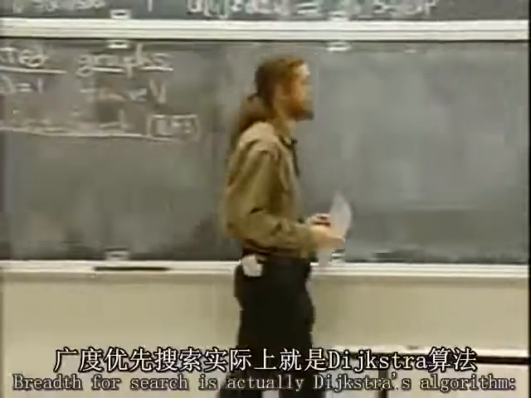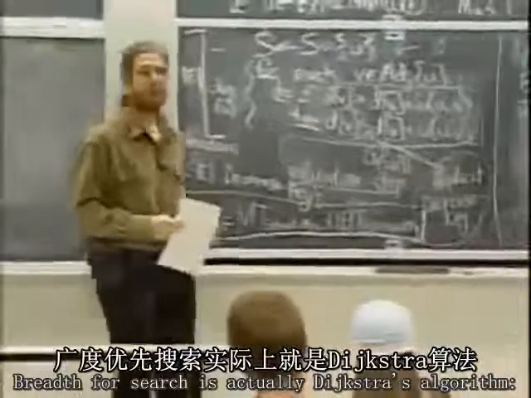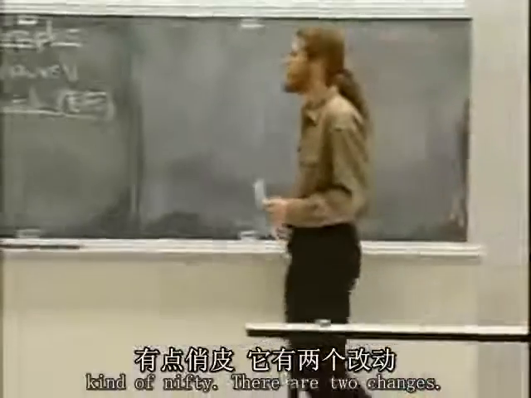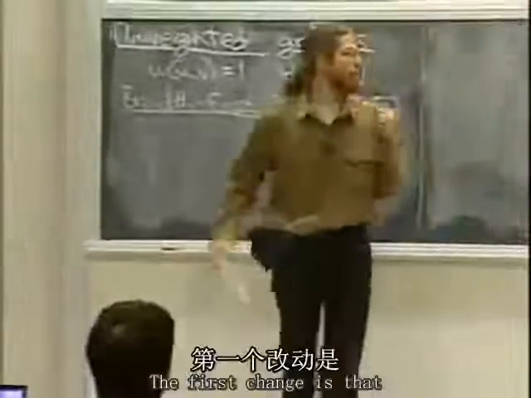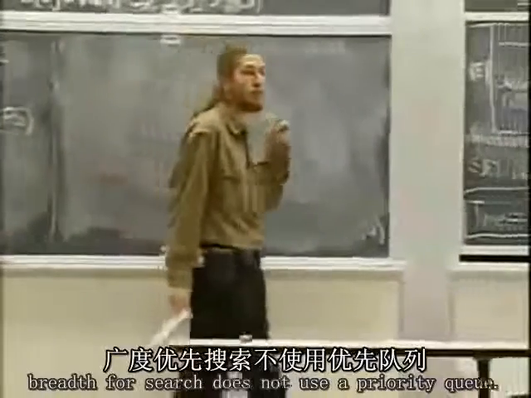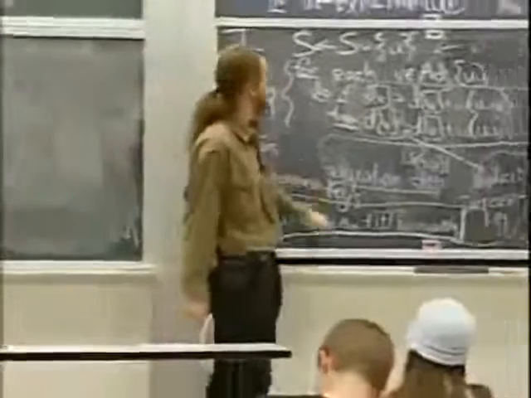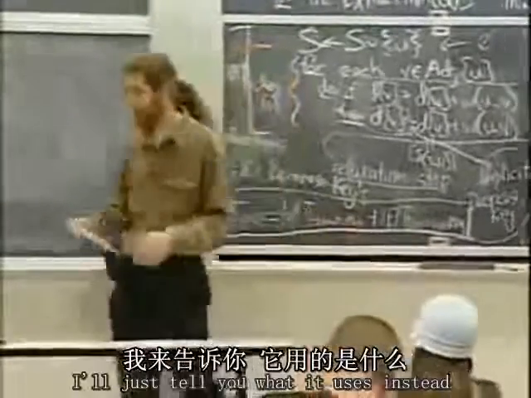Breadth first search is actually Dijkstra's algorithm. Kind of nifty. There are two changes. The first change is that breadth first search does not use a priority queue. I'll just tell you what it uses instead.